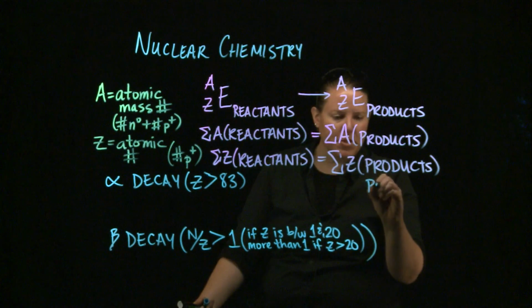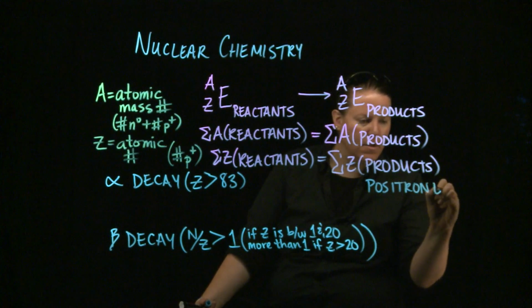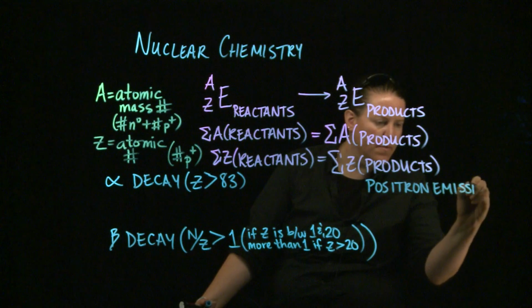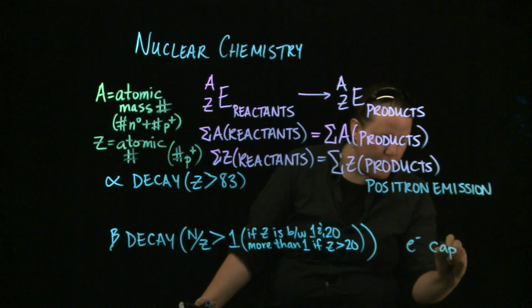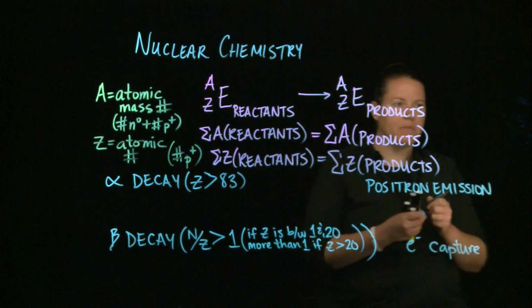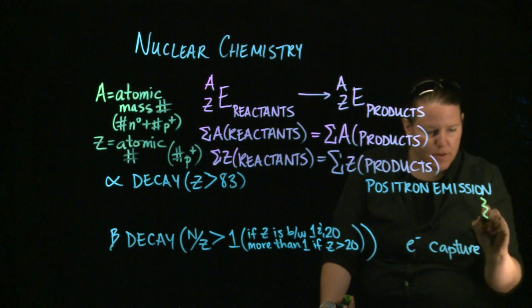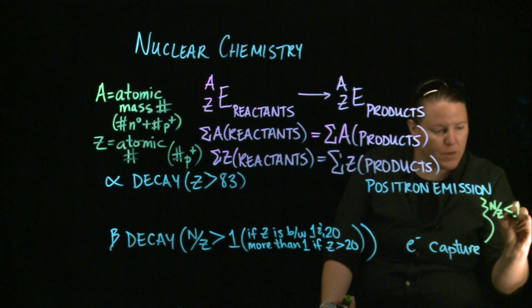There's positron emission and electron capture. And both of these happen at the exact same time, which is really fascinating. Both of these happen when the N to Z ratio is less than 1.